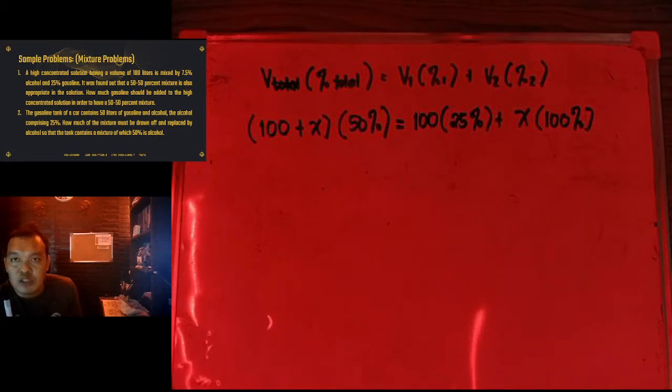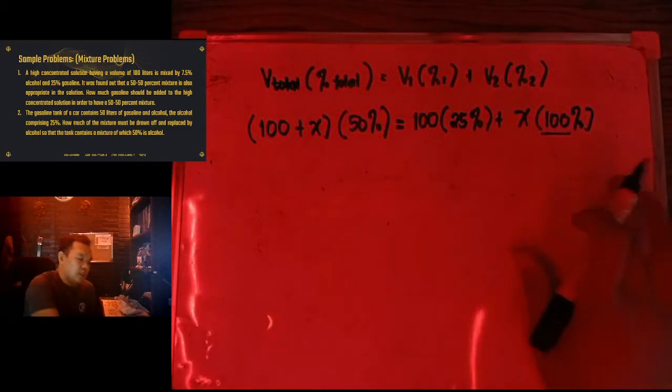Magdadagdag ka daw ng concentrated a high concentrated solution, having a solution. So, ilan daw yung idadagdag mo na high concentrated. So, identified na high concentrated, ibig sabihin 100% solution siya, no? So, kaya 100% yan nandito natin.